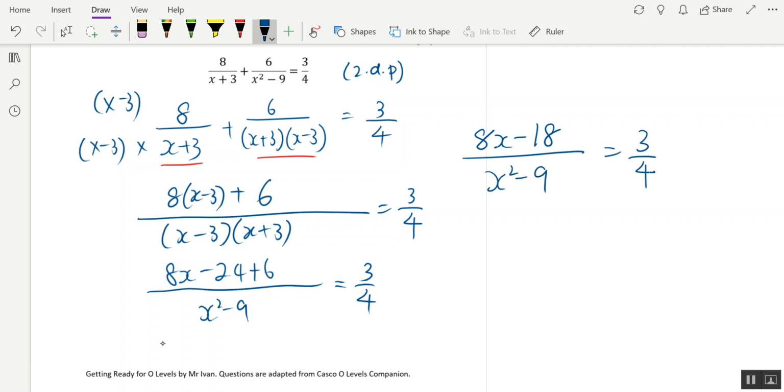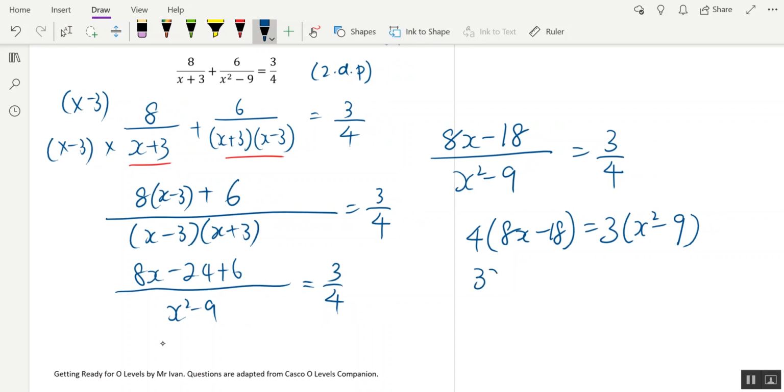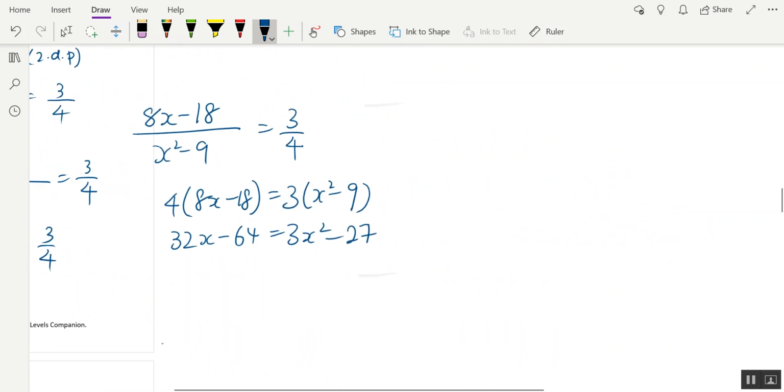Then we do a cross multiply. 4 of 8x minus 18, then I will have 32x minus 72 equals 3x squared minus 27. Make everything into a quadratic equation.